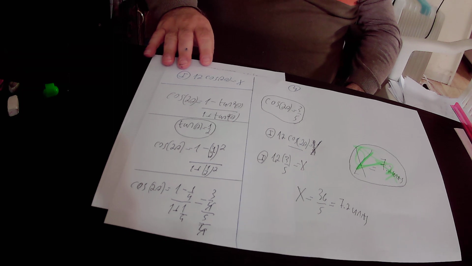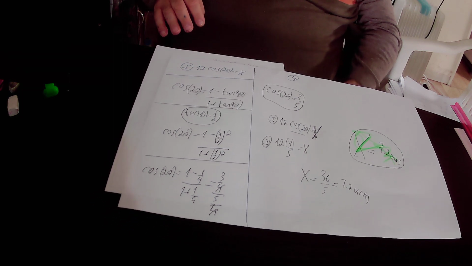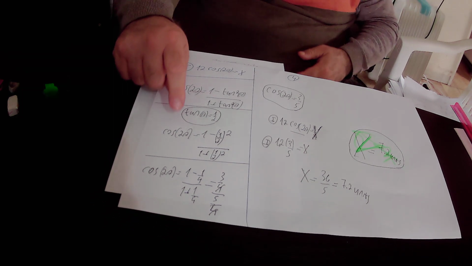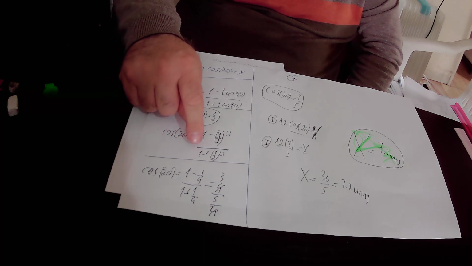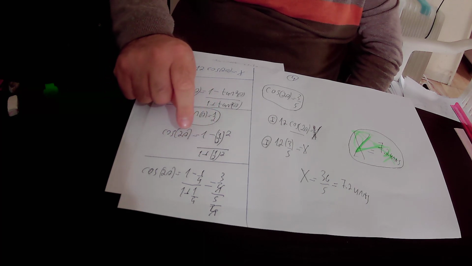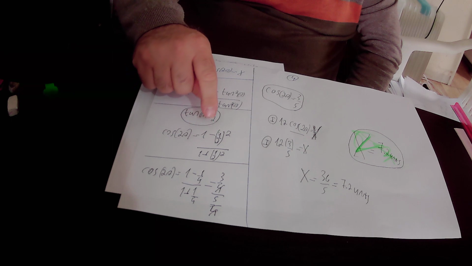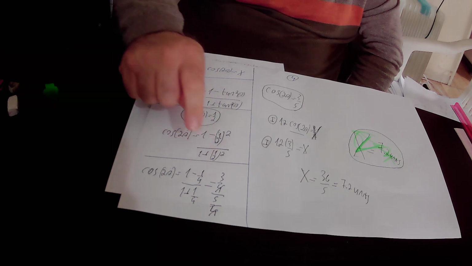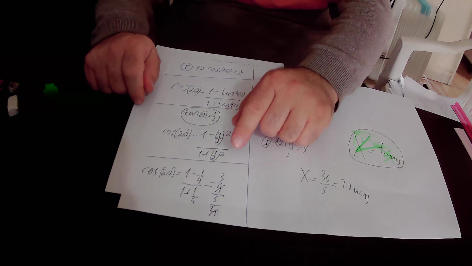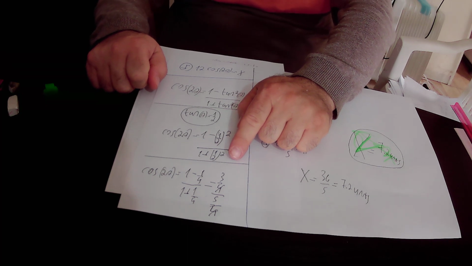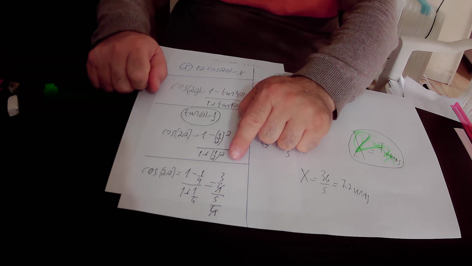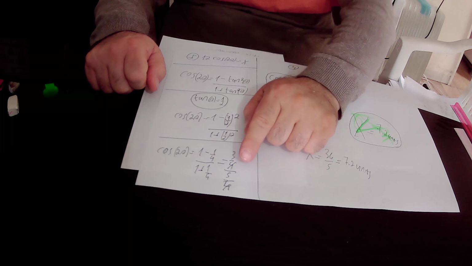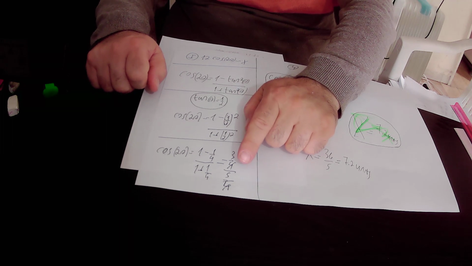1/2 squared is 1/4. So cosine 2 theta equals 1 minus 1/2 squared, that is 1/4, over 1 plus 1/2 squared, that is 1/4. So here cosine 2 theta equals 1 minus 1/4, that is 3/4, over 1 plus 1/4, that is 5/4.